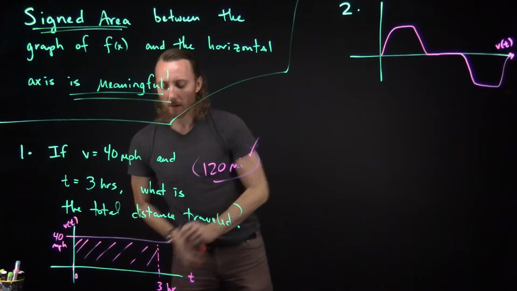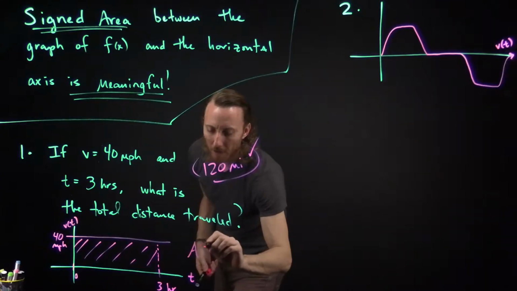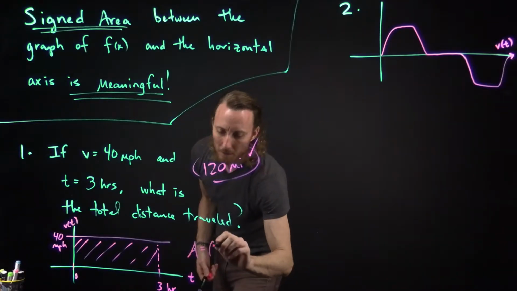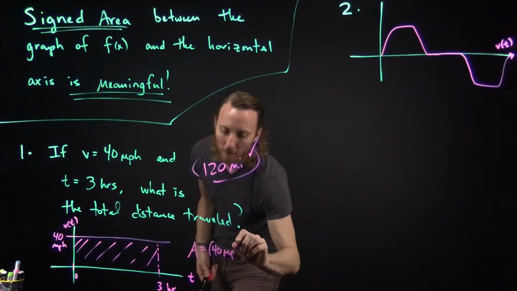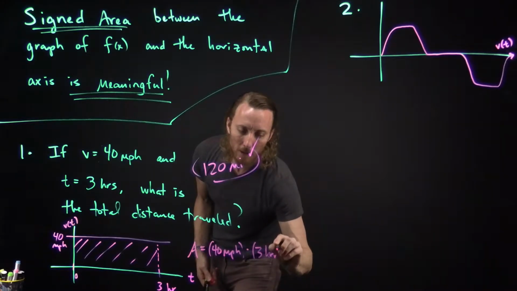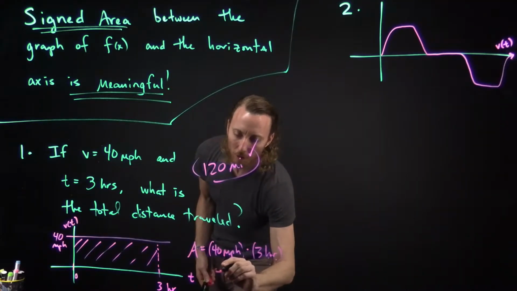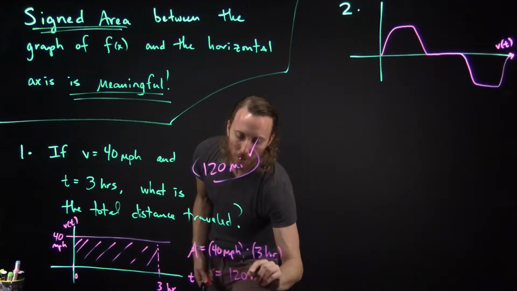The width of that rectangle is 3 hours. And so if we just compute the area, the area is going to be the height, 40 miles per hour, times the width of 3 hours, and the hours cancel, miles per hour times hour, and we get ultimately 120 miles.